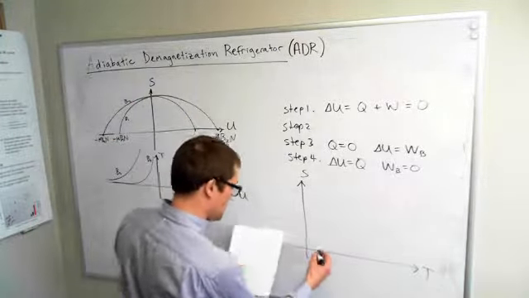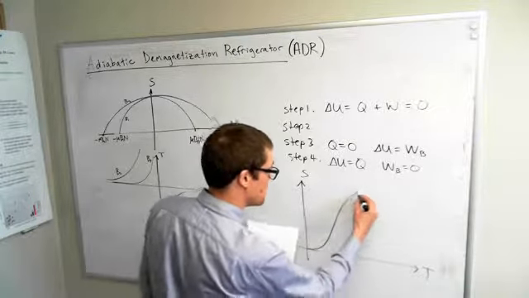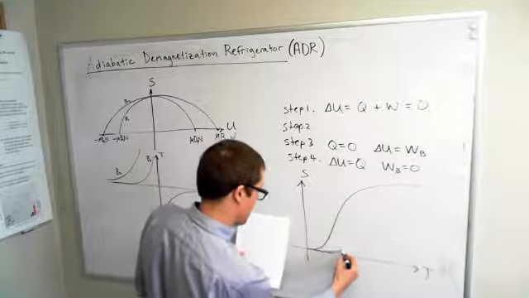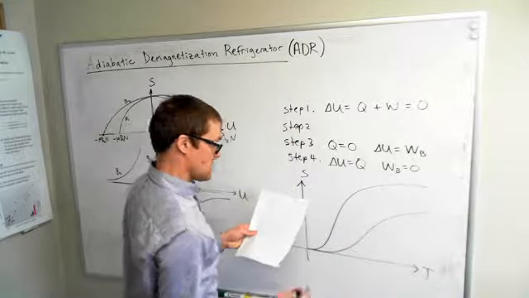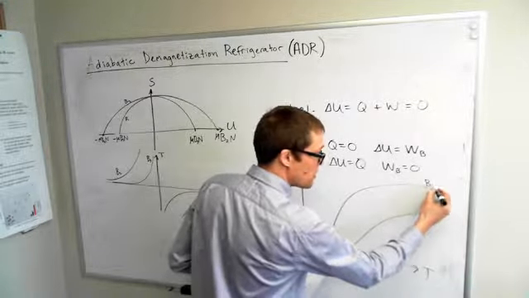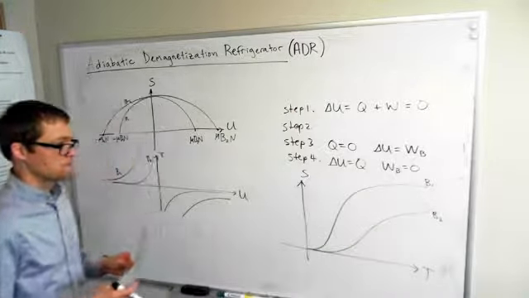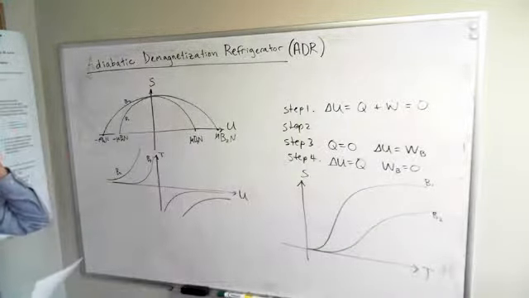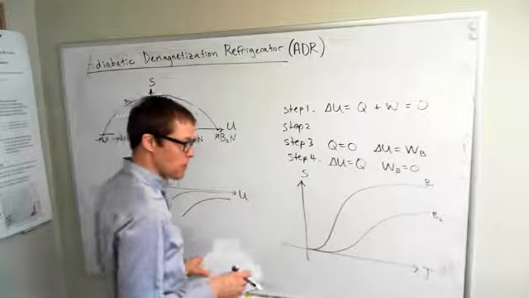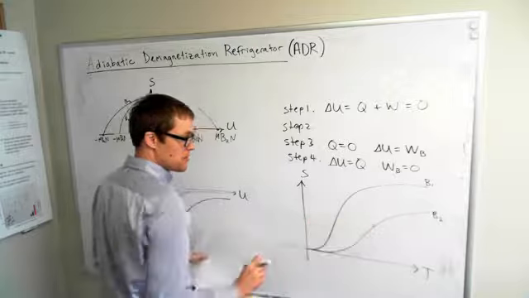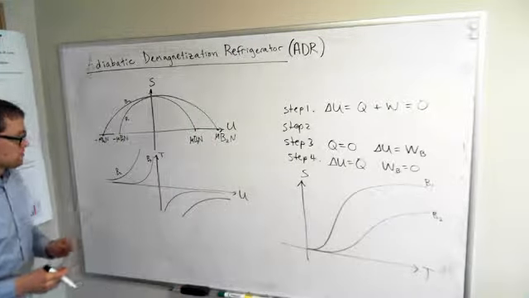That's what we're going to draw here. This curve has a shape that's sort of sigmoidal like this, and this would be for the lower magnetic field, and this is for the higher magnetic field. For a fixed value of entropy, the lower magnetic field has lower temperature than the higher magnetic field.